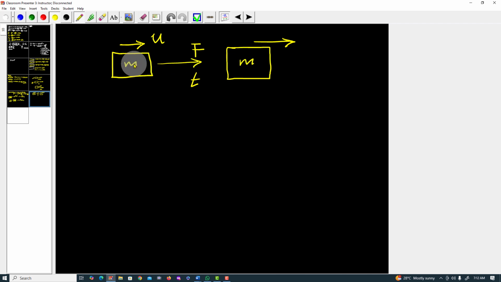So we have an object of mass m moving with a velocity u, then a resultant force F acts on that object for time t, increasing its velocity from u to v, where v is greater than u.